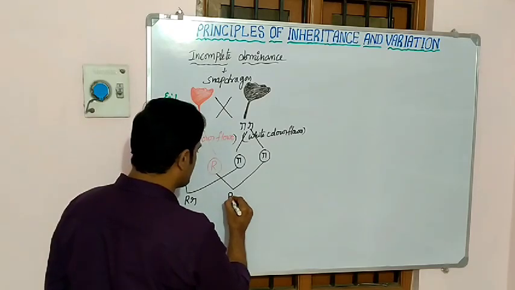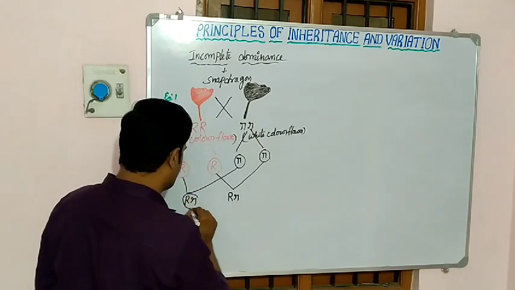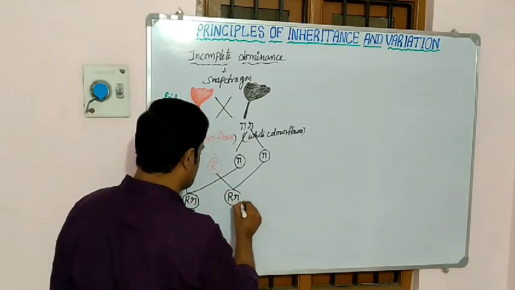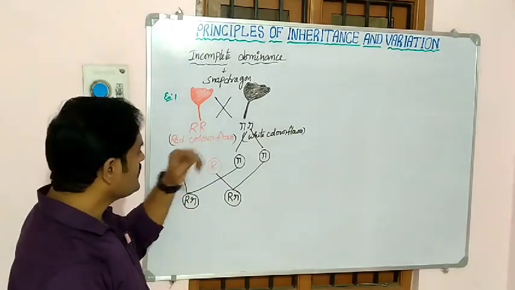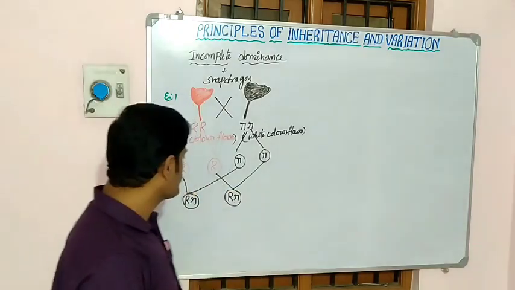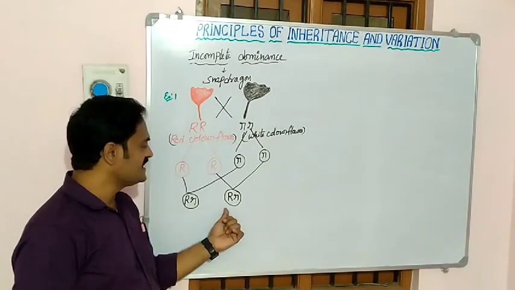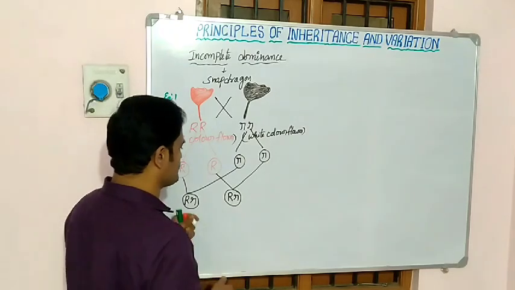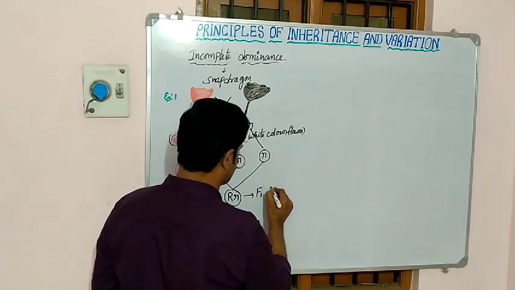Then it forms capital R small r. See, this is one plant and this is another plant. Okay, in this process, what kind of flowers are seen in the F1 generation? This is called F1 generation.